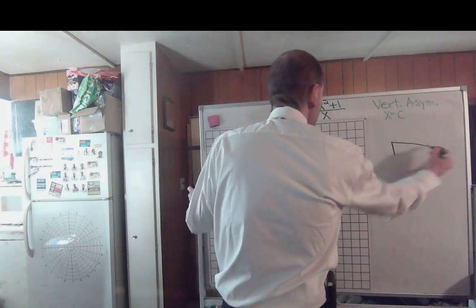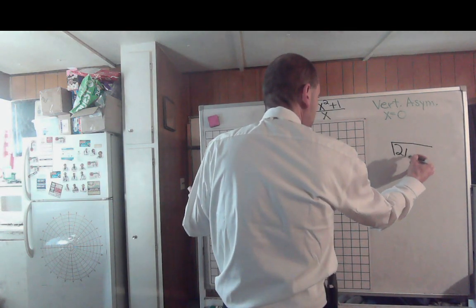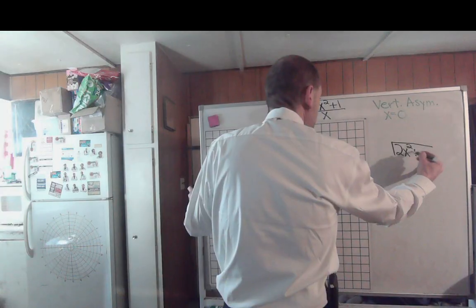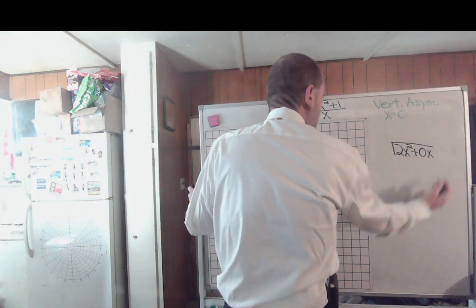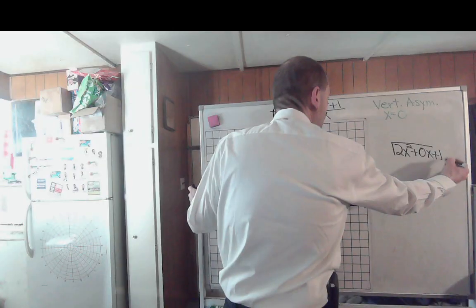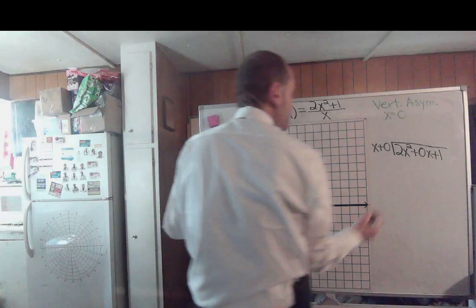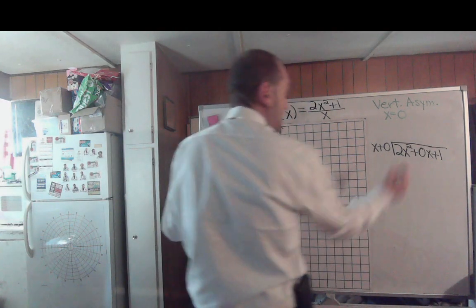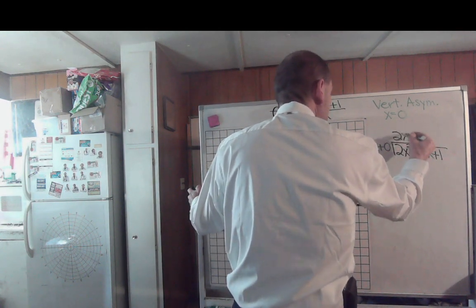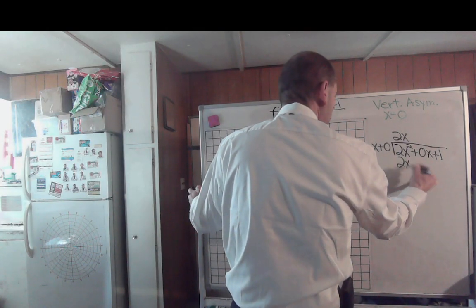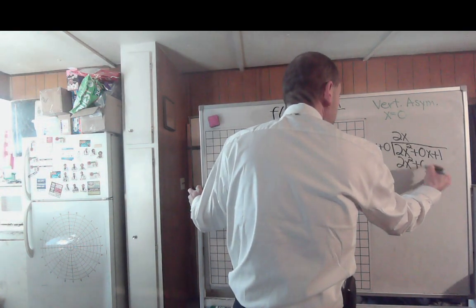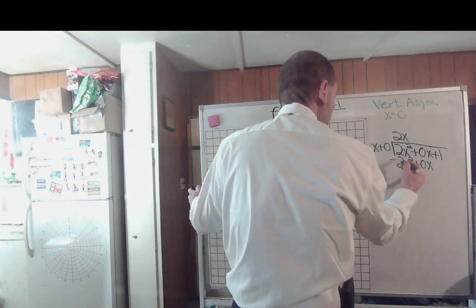Let's take that 2x squared plus 1 divided by x. So 2x squared plus 0x plus 1, really, divided by x plus 0. X goes into 2x squared 2x times, so you would get 2x squared plus 0x. So do some subtraction here.